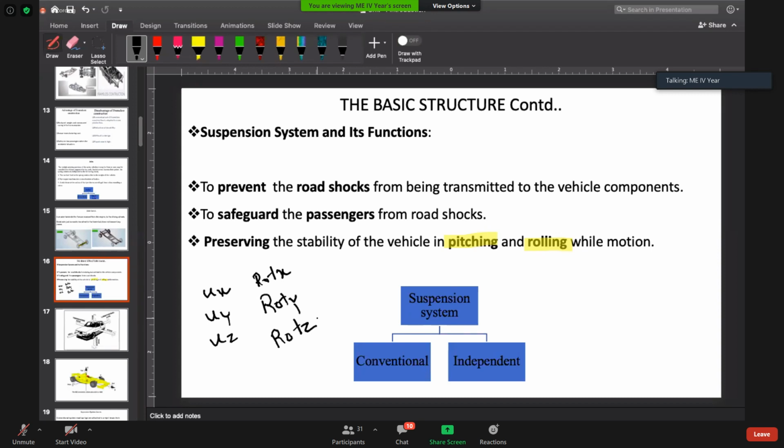So normally we have these 6 degrees of freedom at any point. UX, UY, UZ are your translational, linear motions, and then the rotations.